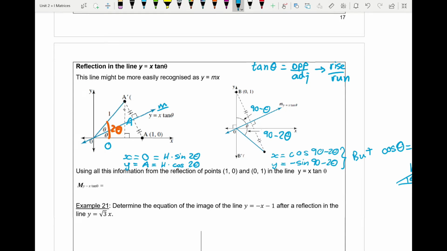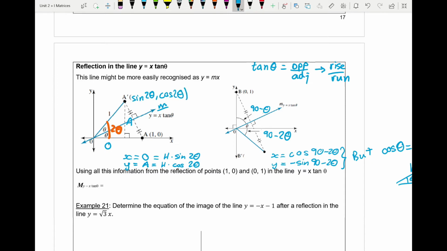To find the x value of this triangle, that's our adjacent, and so our adjacent is equal to the hypotenuse, which is 1, times cosine of 2 theta. So our x is cosine of 2 theta, and our y is sine of 2 theta, and that is where the point (1, 0) gets mapped to.